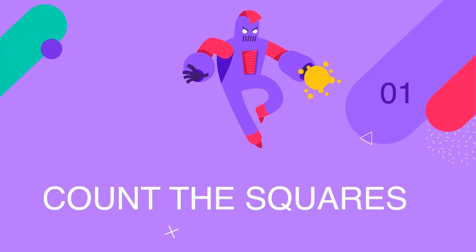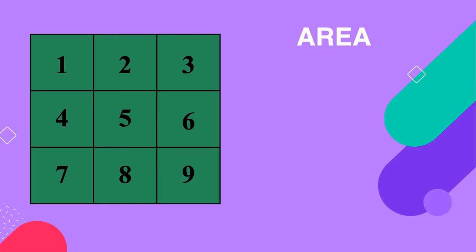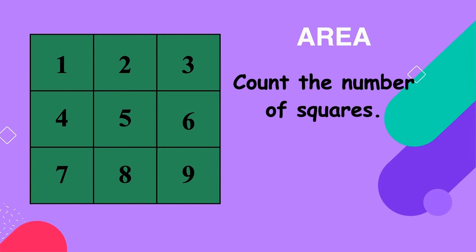One, we can count the squares. If we have a shape like this, to find the area, we count the number of squares. Based on this shape, we know that the area is 9 centimeters, but not just 9 centimeters, 9 centimeters squared. And that's because area is measured in square units.